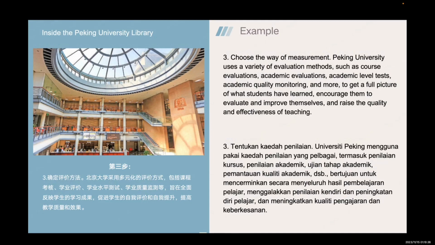Peking University uses a variety of evaluation methods, such as course evaluation, academic levels test, academic quality monitoring, and more to get a full picture of what students have learned, encourage them to evaluate and improve themselves, and raise the quality and effectiveness of teaching.